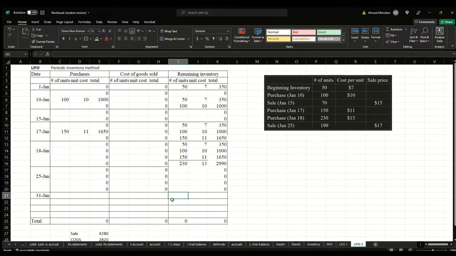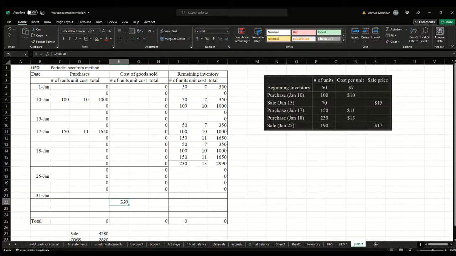And using this method, our view of what constitutes the cost of goods sold is going to change as well. So here's what it's going to look like. On the 15th, we sold 70 units, and we also sold 190 at the end. So in total, we have sold 260 units of inventory.